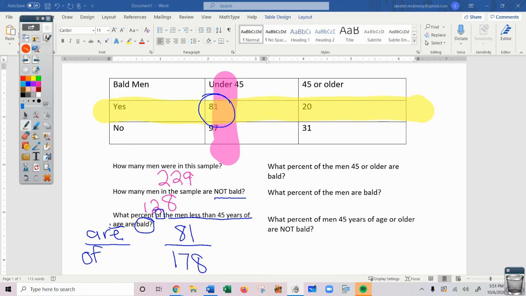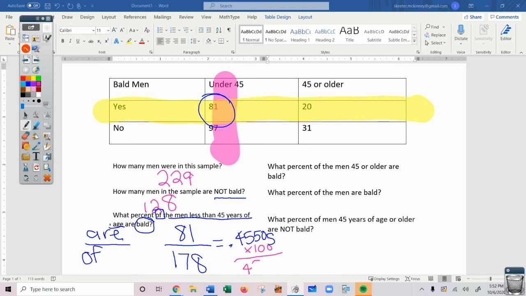So now I'm going to pick up my calculator and do 81 divided by 178. And my calculator is saying 0.45505. This is still not a percent, right? To turn a decimal into a percent, we need to multiply by 100, which is the same thing as moving the decimal point 2 places, which is probably what a lot of us know to do.